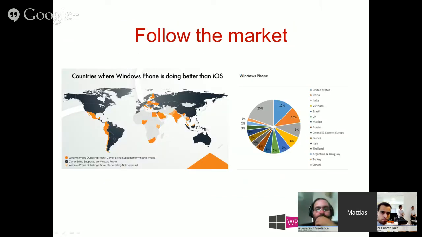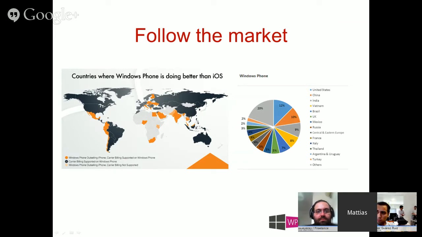The second part is looking obviously at where Windows Phone is doing the best, where the most revenue potential is to be made. So we did a little infographic in the beginning of spring, looking at the markets where Windows Phone is outselling iOS. So this is the infographic on the left. As you can see, most of the markets are in Central Latin America, Eastern and Southern Europe, Africa, and Asia Pacific.